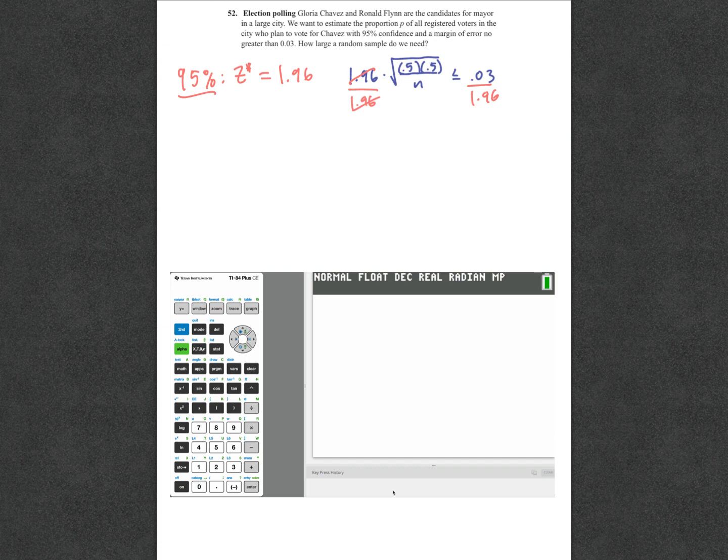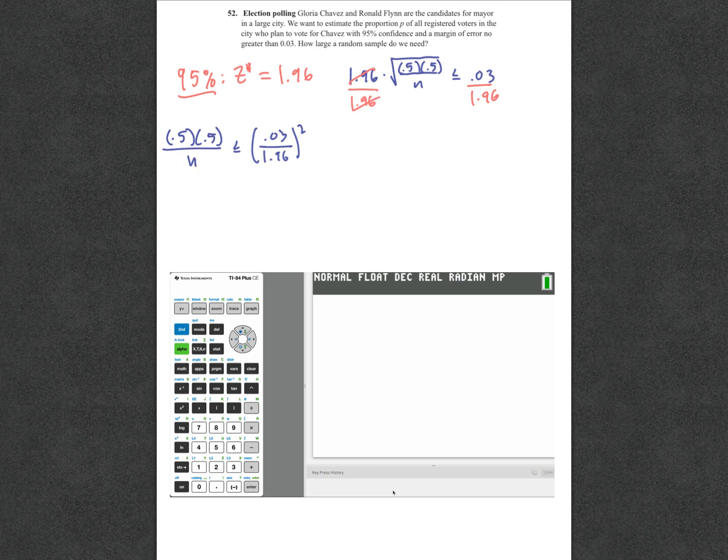And you get, I'll kind of come back over here. You get 0.5 times 0.5 over n less than or equal to 0.03 over 1.96, squared. Okay, and then we'll divide by this and multiply by this, so this will end up being on the bottom of this fraction, and this n will be over here.